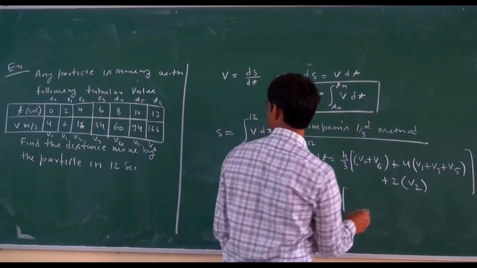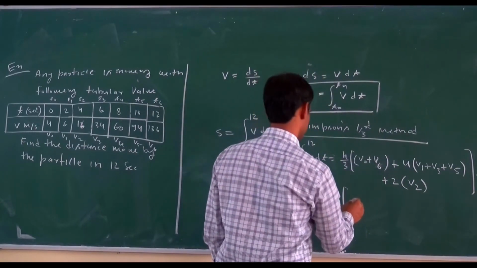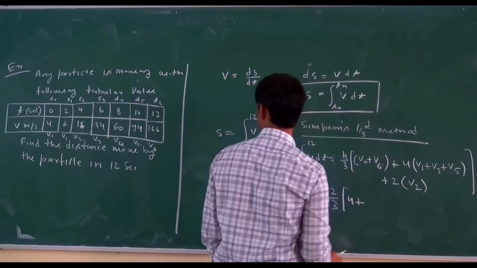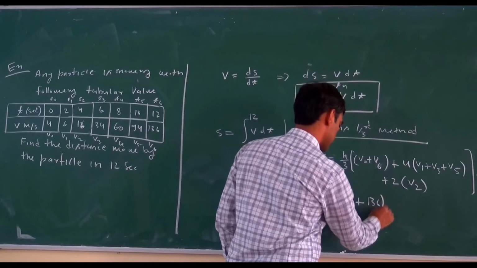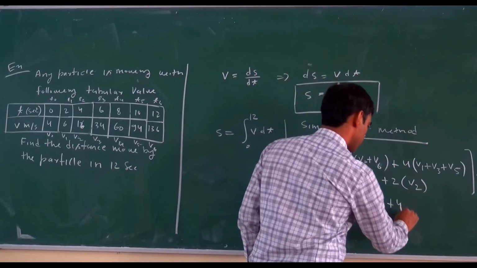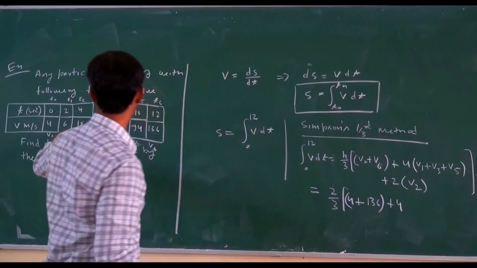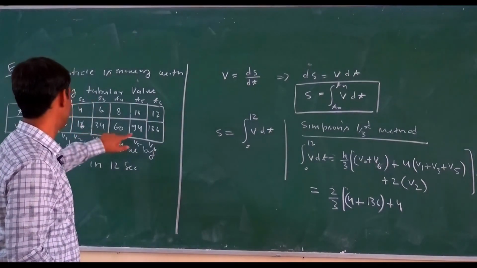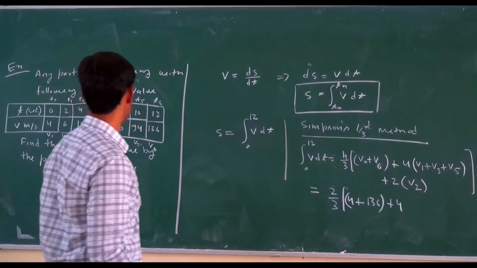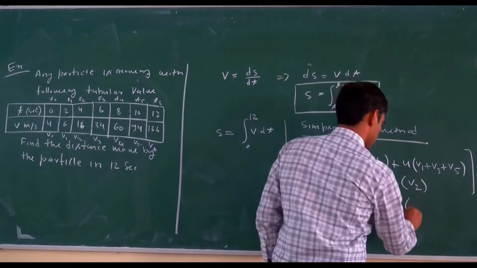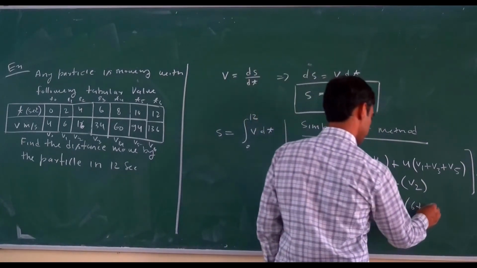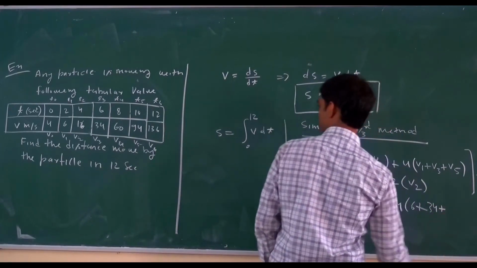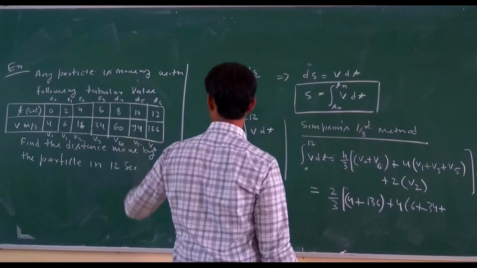V0 is 4 plus V6 is 136, plus 4 times of V1, V3 and V5. V1 is 6, plus V3 is 34, plus V5 is 94.